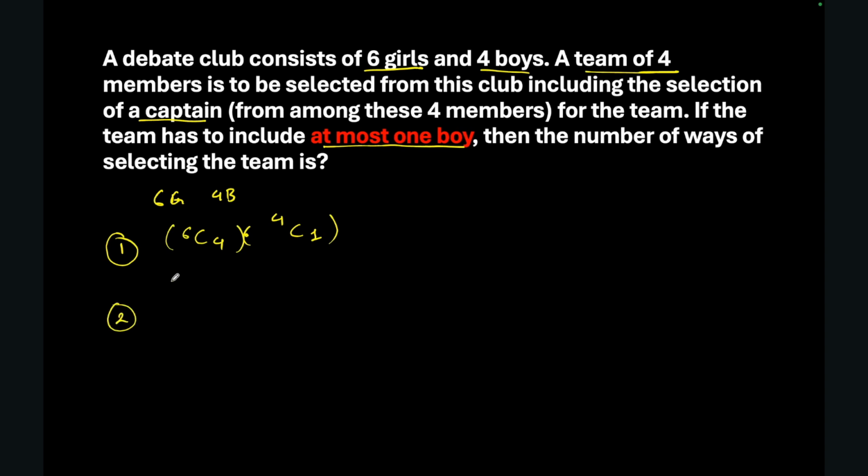Our second option, I'll just call it the one boy case. Okay, now we have 1 boy and 3 girls. So in that situation, we'll have 4C1 times 6C3, and from these 4 people that are selected, we need 1 captain.